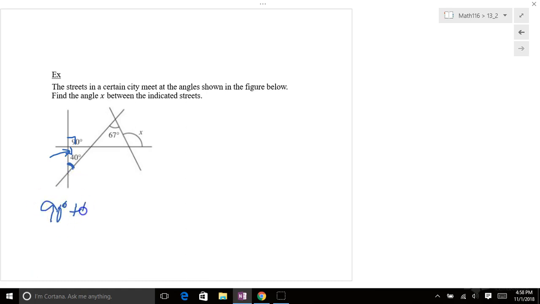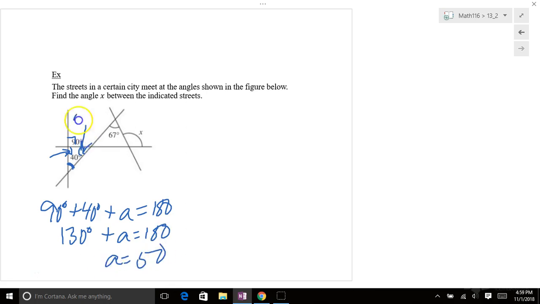So 90 degrees plus 40 degrees, plus this one we're solving for, I'll call it A. Those add up to 180. So here's 130 degrees plus this angle A equals 180. So A's got to be 50 degrees. So right here is 50 degrees, which means by vertical angles, that's 50 degrees right there.